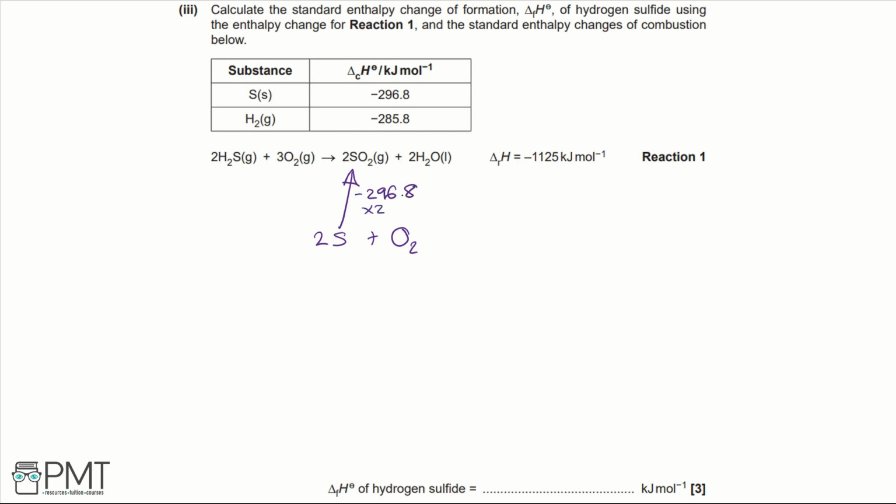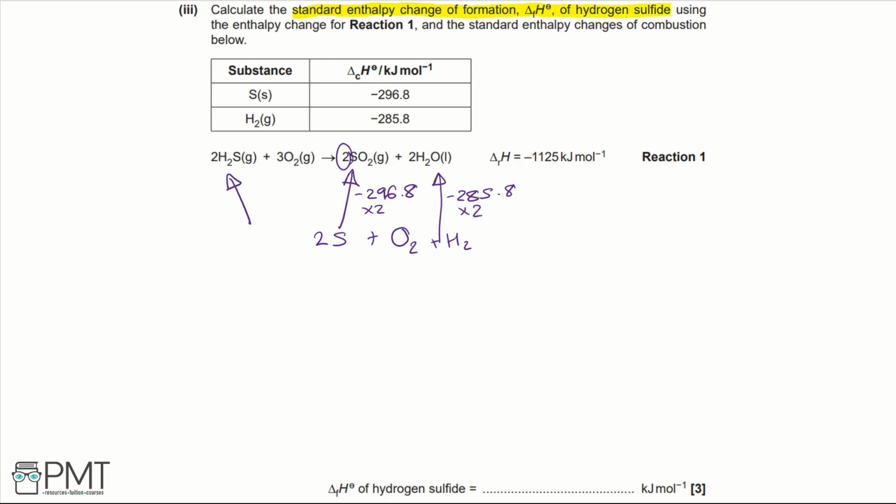296.8 times 2 for this arrow, because 2 is the stoichiometry. Then for water, well, that's the combustion of hydrogen. So that's going to be equal to minus 285.8 times 2, and we need to add some hydrogens to the bottom of our Hess's triangle. And then we want the formation of hydrogen sulfide, which is what we've been asked in the question to calculate, the standard enthalpy change of formation of hydrogen sulfide.